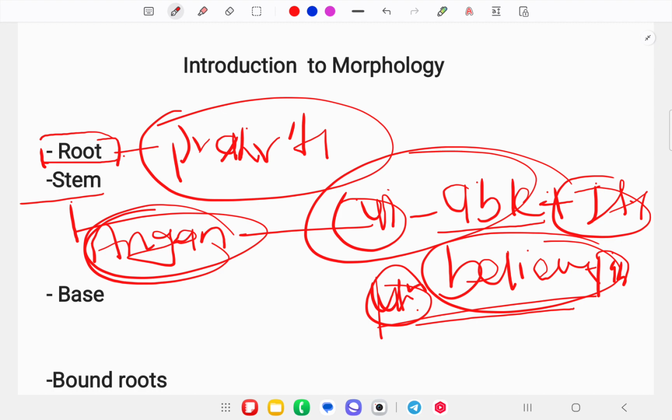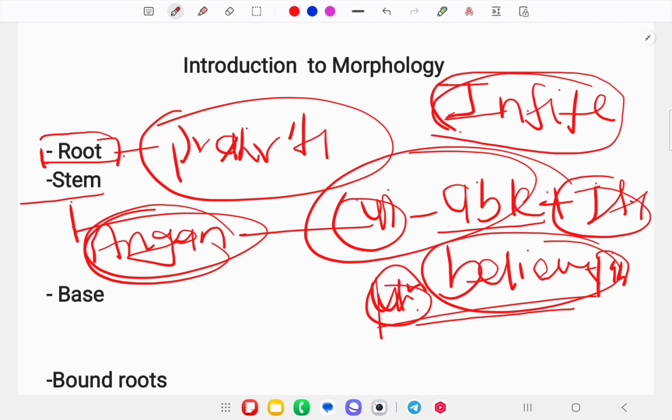We had discussed a term, the infix, so let's have a little more discussion about infixes. Actually, what are infixes? When a morpheme is added, or we can say inserted, into another morpheme, this is known as an infix.